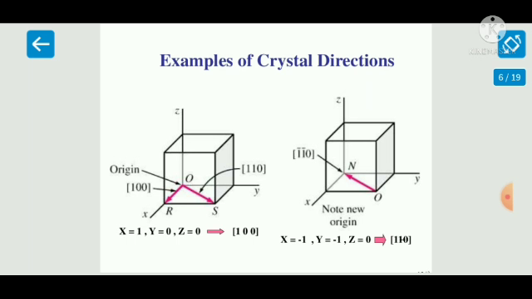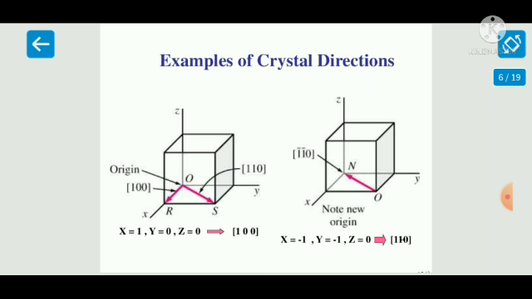See here, one plane is (100), with the origin here, and another with a different origin is (1 bar 0 0). The smaller a Miller index, the more nearly parallel the plane is to that axis.